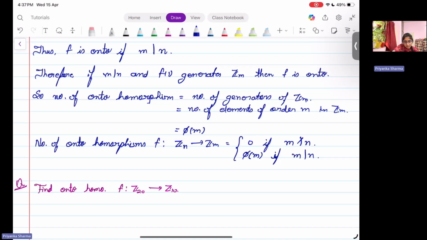Because if m doesn't divide n, we cannot have any onto homomorphisms from Zn onto Zm.